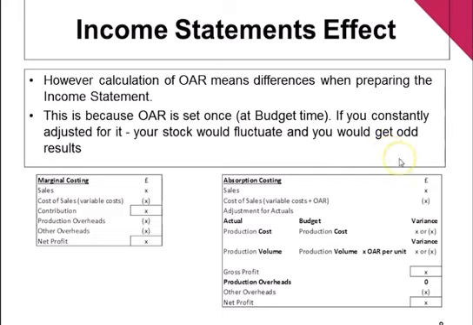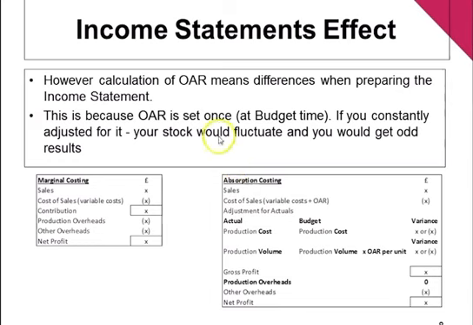In terms of where your understanding is tested, it's really in the income statement and the comparable effects you have when preparing either an income statement on a marginal costing basis or on an absorption costing basis.